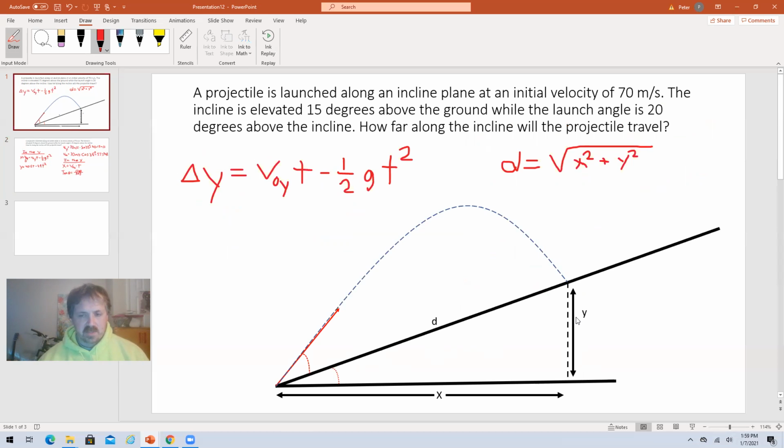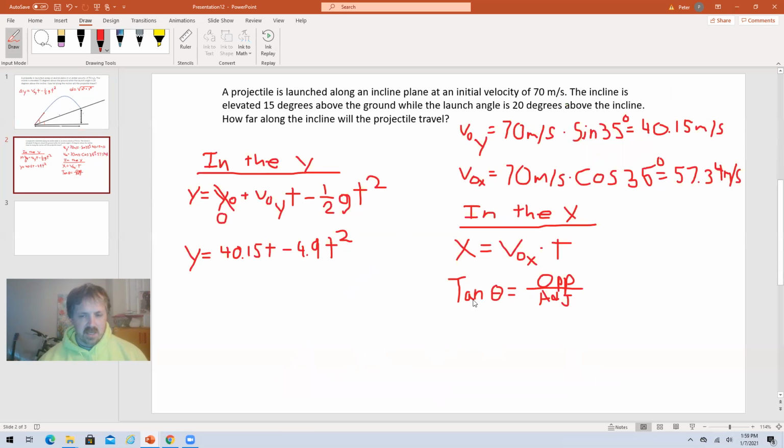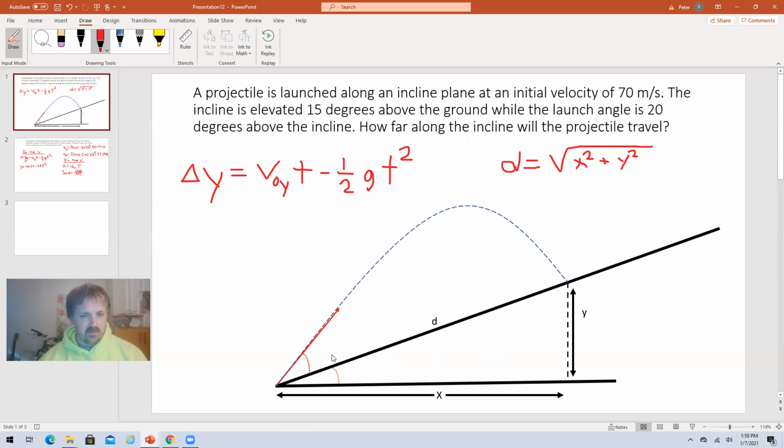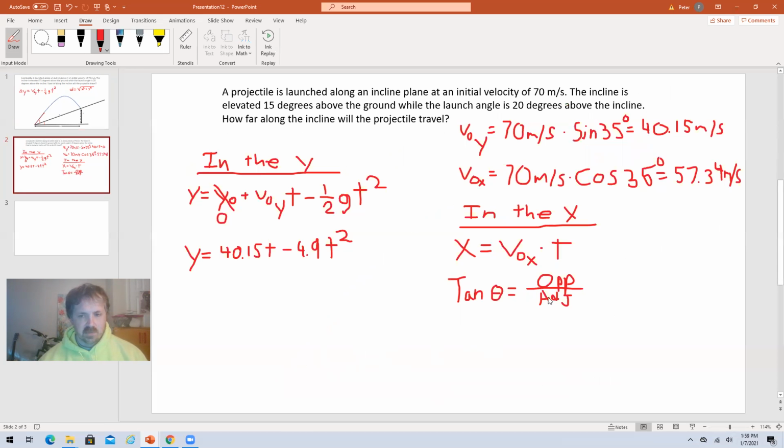And this would be the opposite, the y. So what this translates to is the tangent of this angle is going to be equal to y over x.